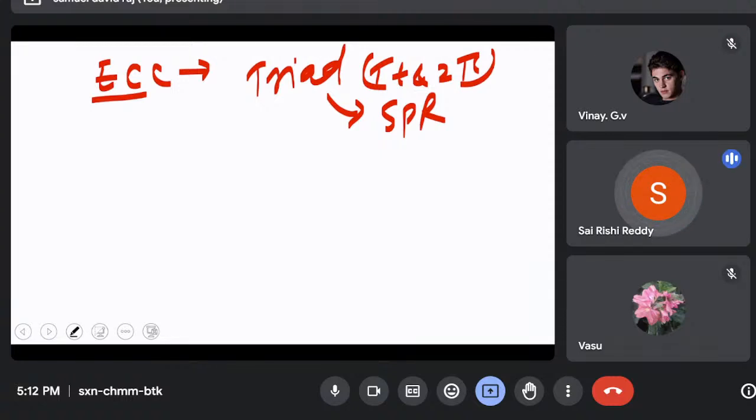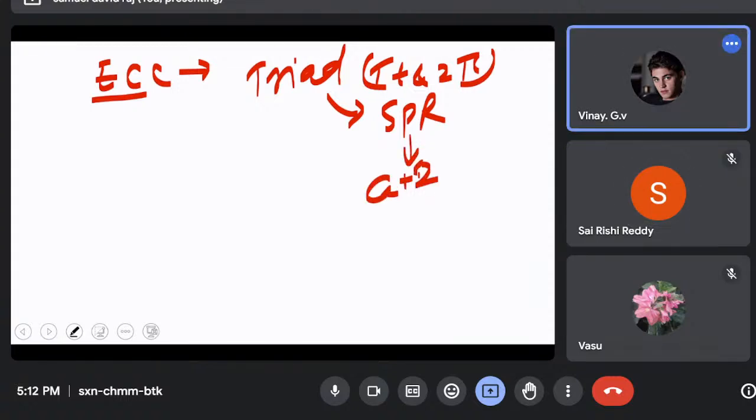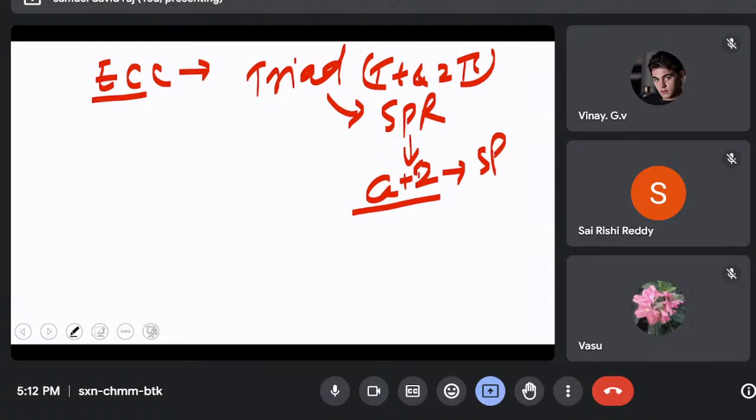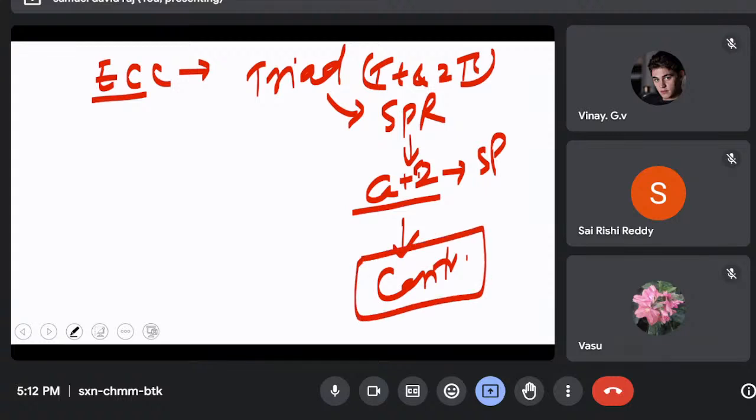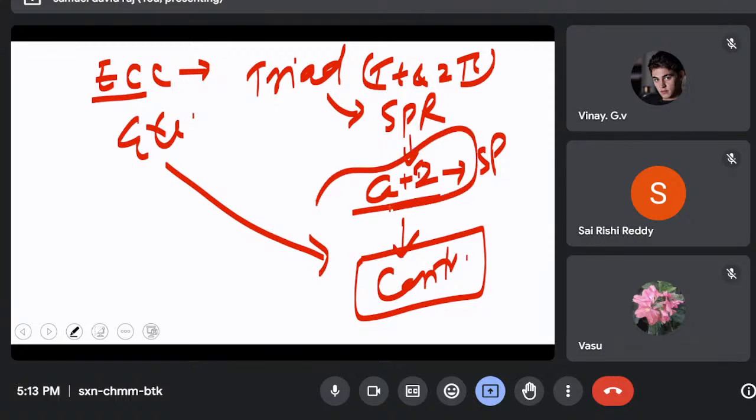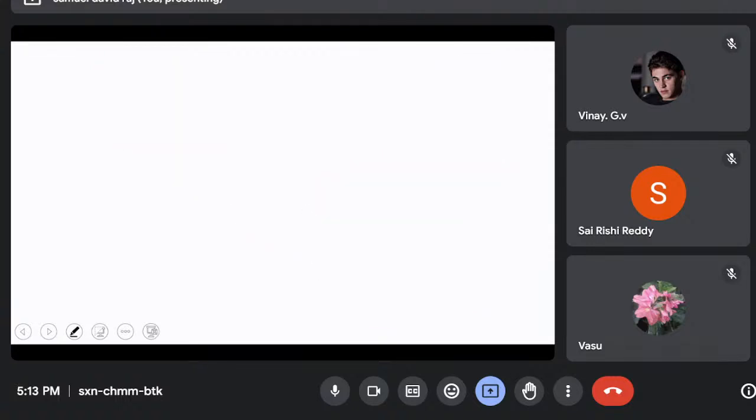It releases calcium ions into the sarcoplasm, and this calcium release initiates contraction. So excitation followed by contraction is coupled with the release of calcium ions.